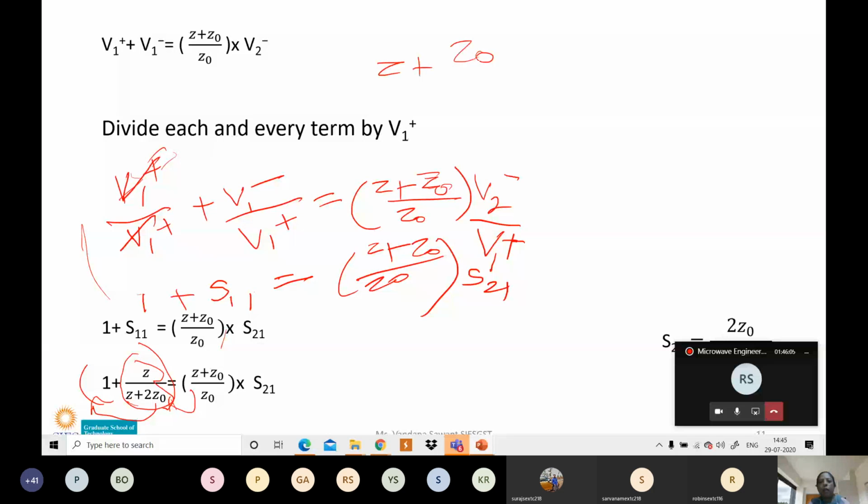Okay, multiply by Z0 divided by Z plus Z0. Now this Z plus Z will become 2Z, so I will write here 2.